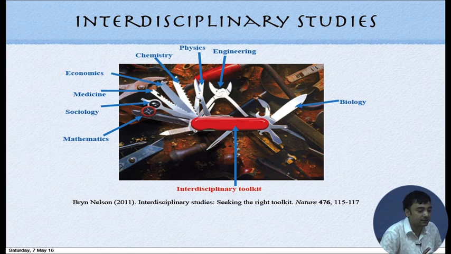The basic idea is very clear. If you want to become a good researcher, you have to be an interdisciplinary researcher. You have to have knowledge in depth in one particular area, but you also have to have knowledge in breadth in many other areas in order to do successful research.